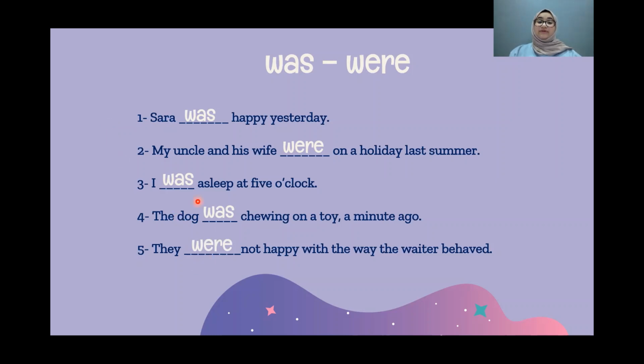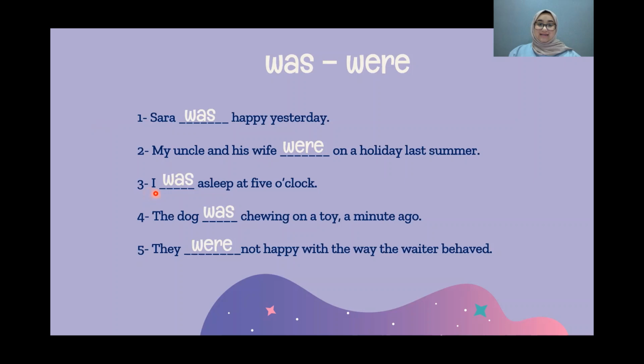Of course, we are using was here because Sarah is one person. And if we want to replace Sarah with another subject, we would say she was happy yesterday. My uncle and his wife are two people. And if we want to replace this with another subject, we would say they were on a holiday last summer.